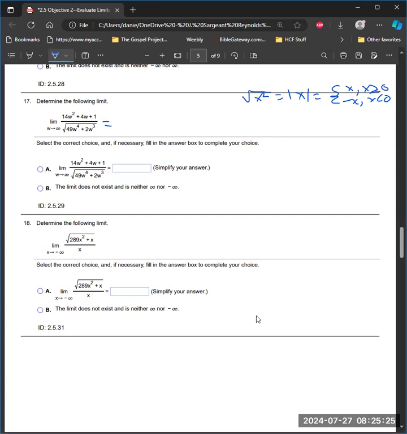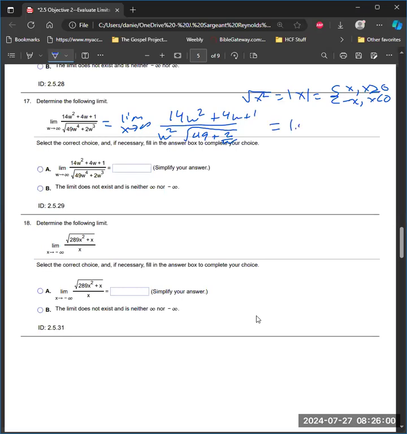So this is going to be, because I'm going to positive infinity when I pull that out, I'm on the right-hand side. It's going to be equal to the same thing. I'm not going to have to add a negative in. So this is going to be w squared comes out as the square root of w to the fourth. It's going to be 49 plus 2 over w. And then this is 14w squared plus 4w plus 1.